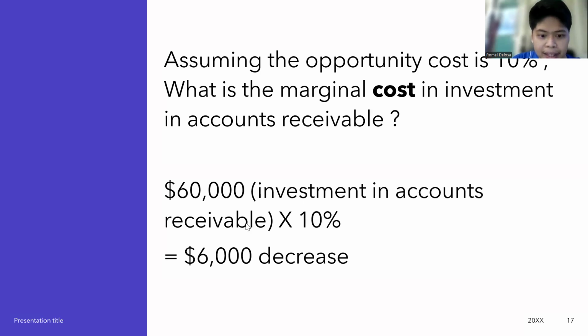The 6,000 can be interpreted as a decrease in cost or additional profit. The point is, regardless of whether you interpret it as a decrease in cost or an increase in profit, the effect is the same. Okay?